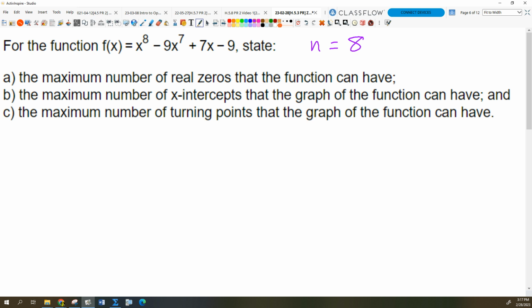What's the maximum number of real zeros the function can have? 8, right? What's the maximum number of x-intercepts? 8. Real zeros and x-intercepts are the same thing, right?